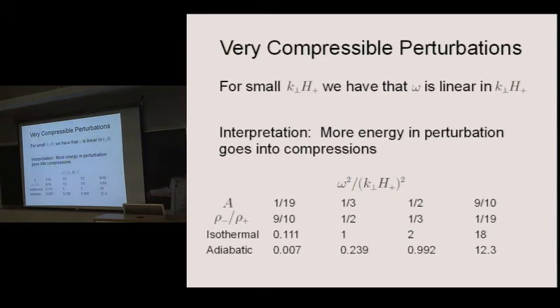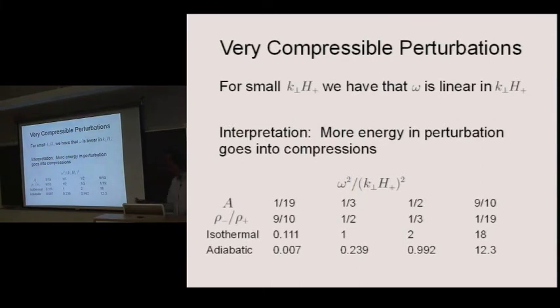So for a very large density contrast, it actually makes a very small difference if you are conductive or not. However, if your density contrast is small, you're in the opposite limit, and isothermal perturbations, so perturbations with large conductivity, grow quite a bit faster than the perturbations that are adiabatic.